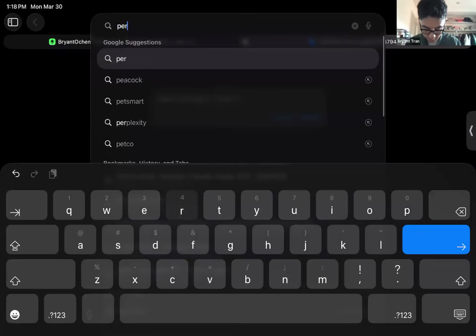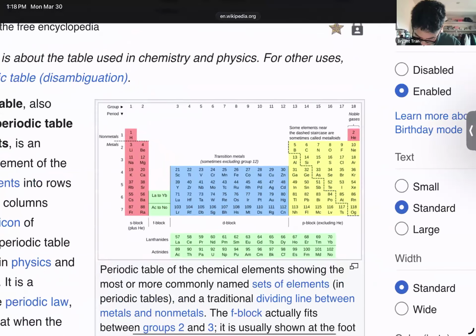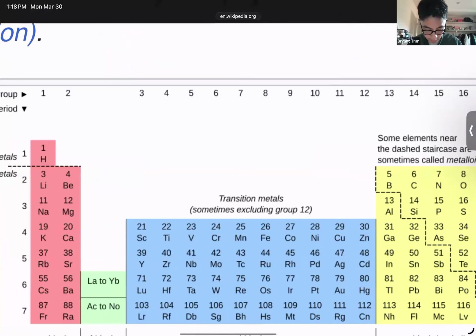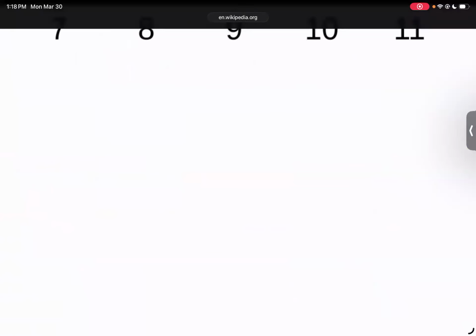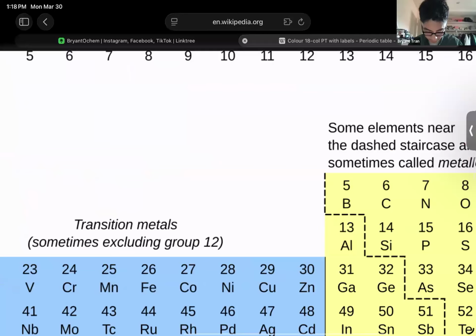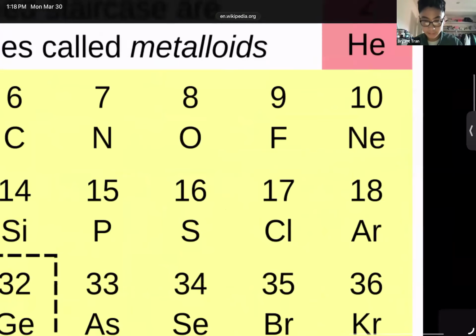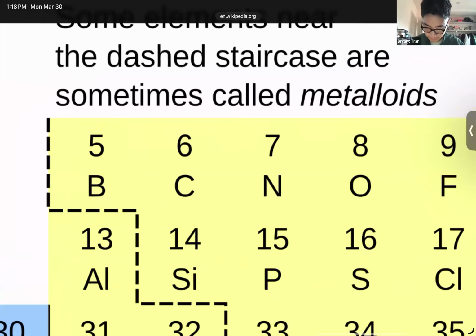Yeah, hydrogen has atomic number 1, chlorine has atomic number 17, sulfur has atomic number 16, and carbon has atomic number 6.